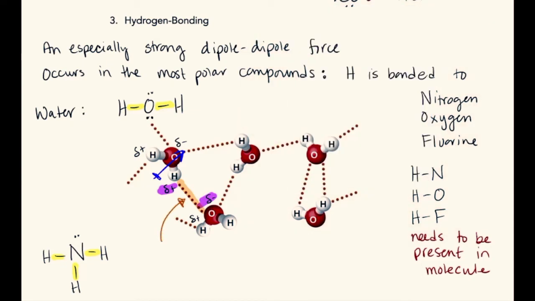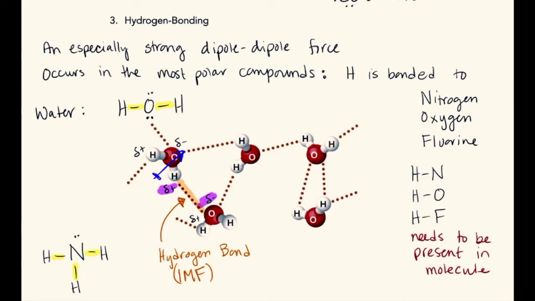This orange highlighted portion is the hydrogen bond. It is an intermolecular force, so it is between two different molecules. The hydrogen bond is not the HN bond or the HO bond or the HF bond.